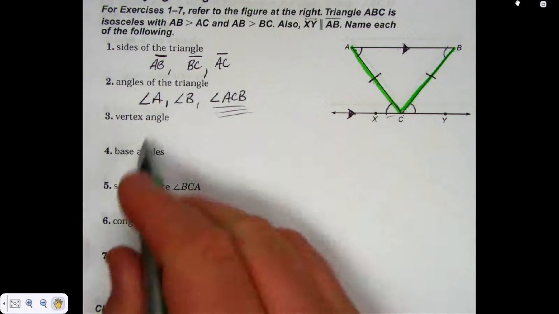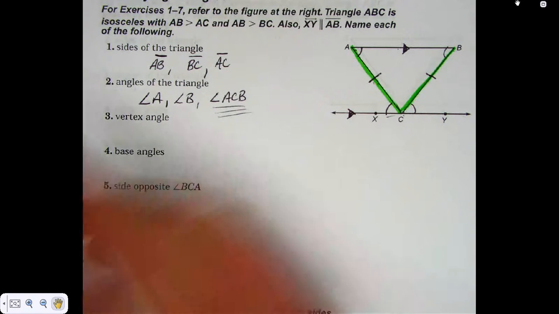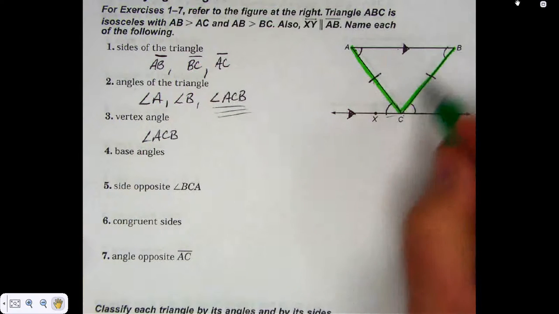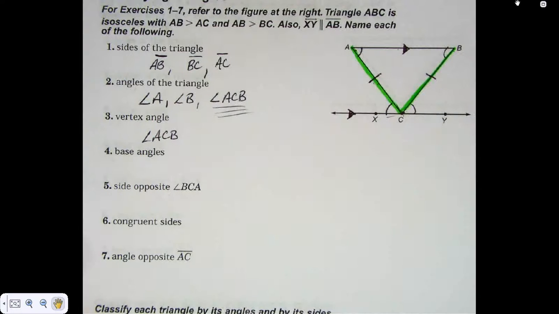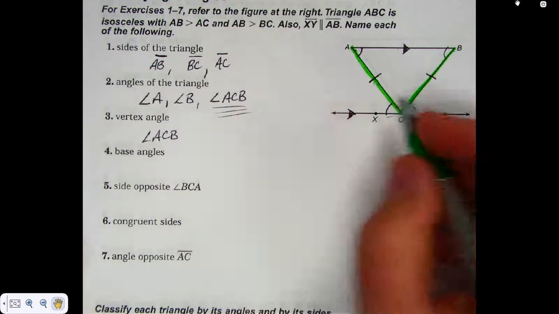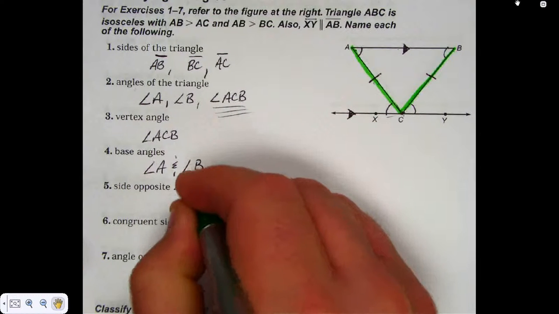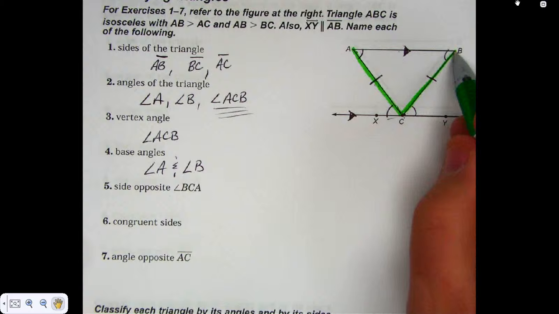Okay, which one is your vertex angle? But can I call it that? It's the vertex angle because isn't this where our two legs meet? What are our base angles? What's the side opposite angle BCA?